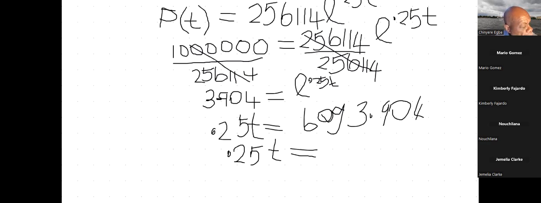Okay, I see the natural log here. Okay, natural log is 1.362. So the log of 3.904 is 1.362.